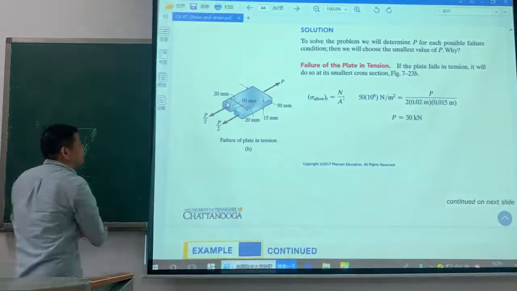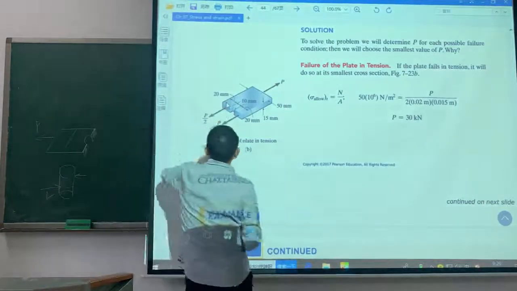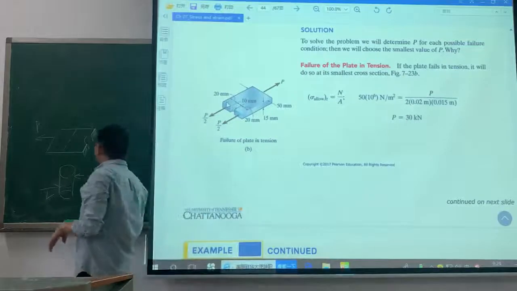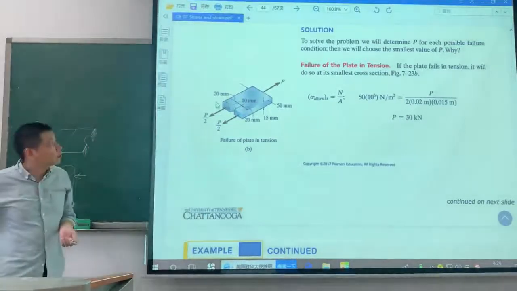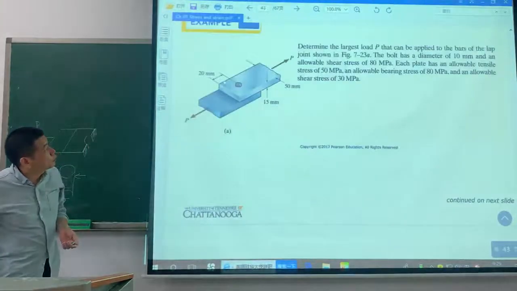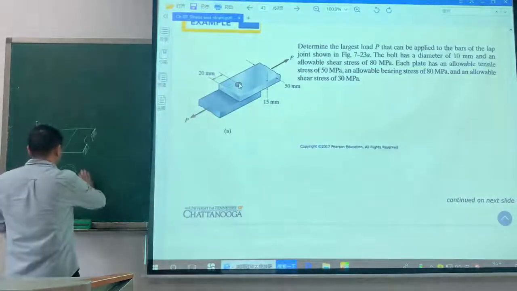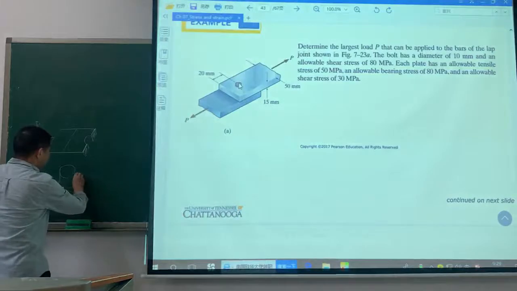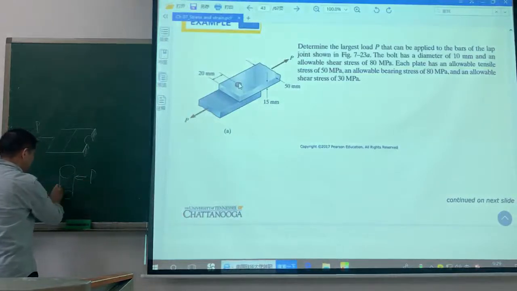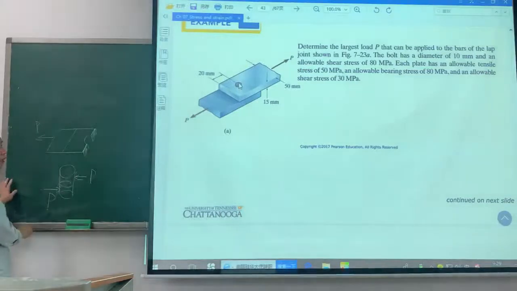Look at the figure. The border is here. So it's P. It's also P.